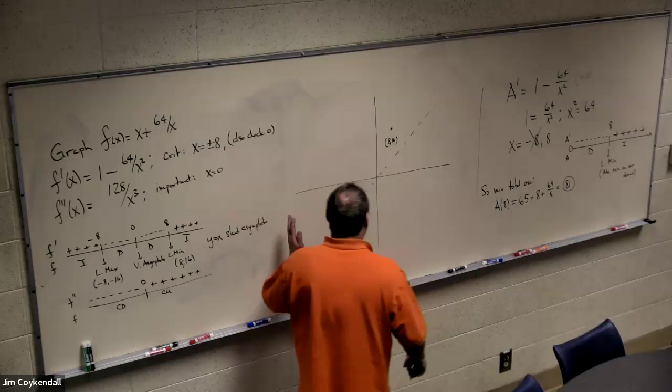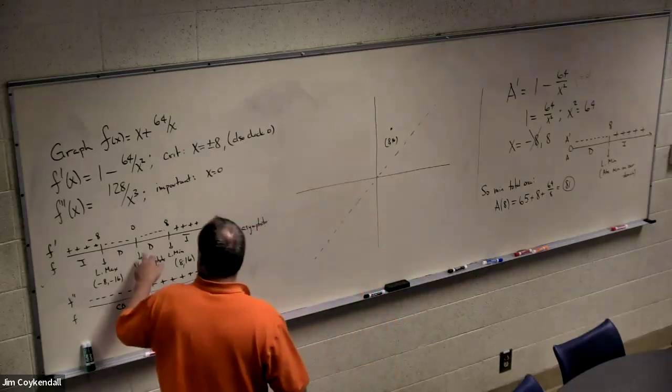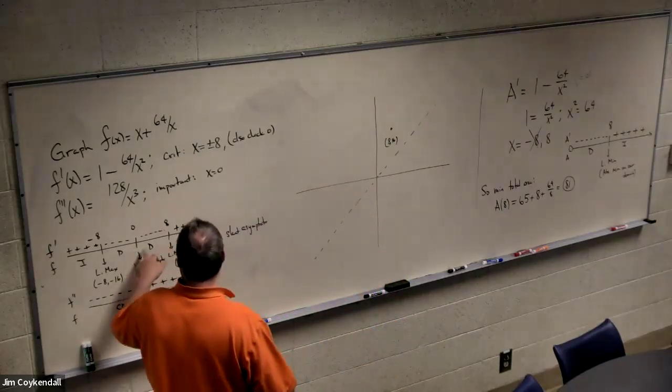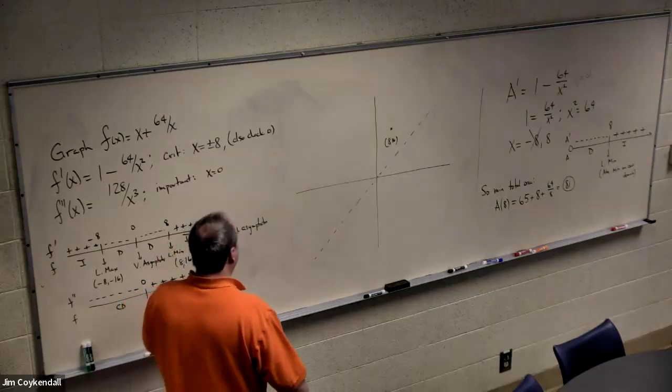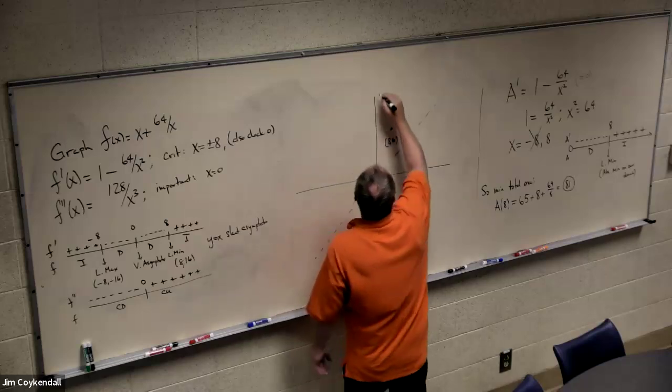So what does it look like on this side of zero? It's always decreasing off the asymptote until it hits that local min, then it increases, and it's always smiling. It goes up to something.